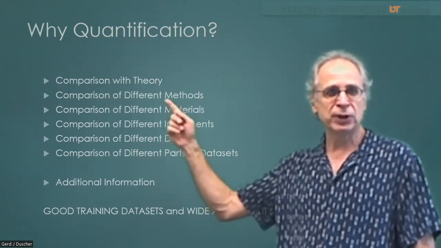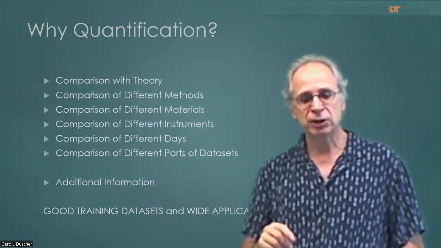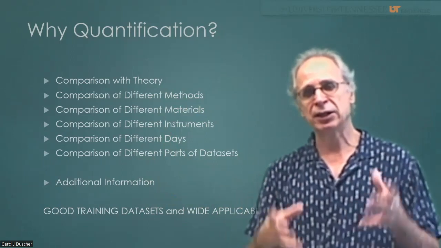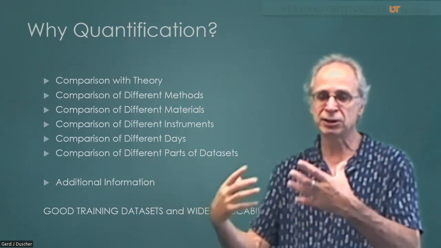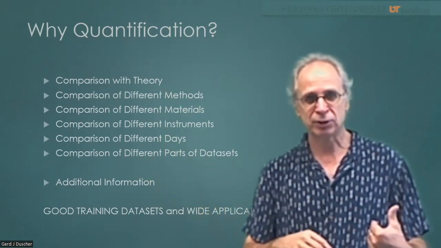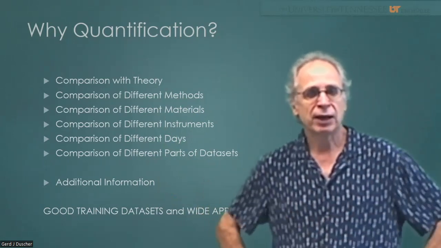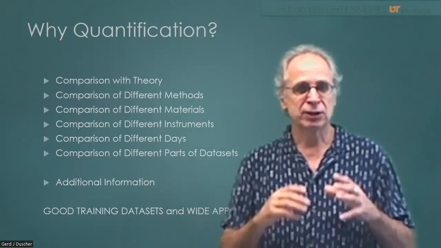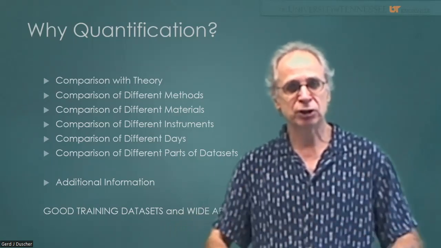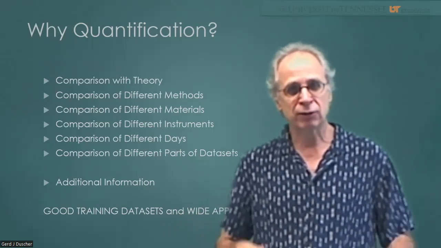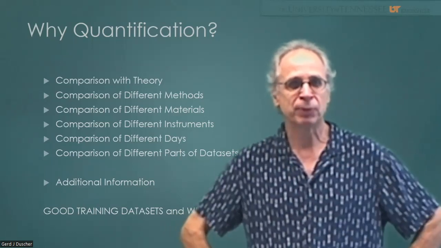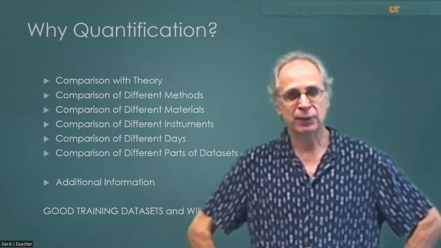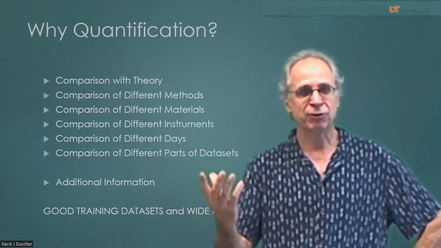Also, you want to be able to compare it to theory. Once you have analyzed your data and you know what information is in there, you want to get the physics out of it. And so this is, as we heard in the first lecture, the key thing. So we not just want to do machine learning, we want to advance machine learning for microscopy so that we can learn some physics with it.